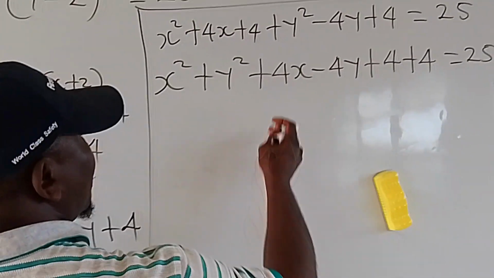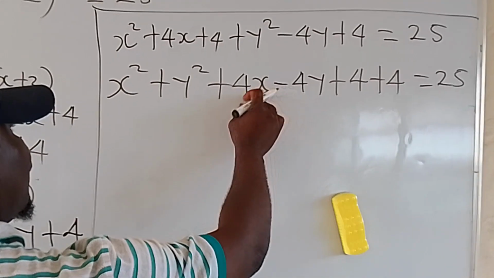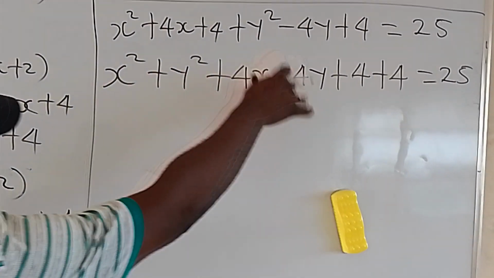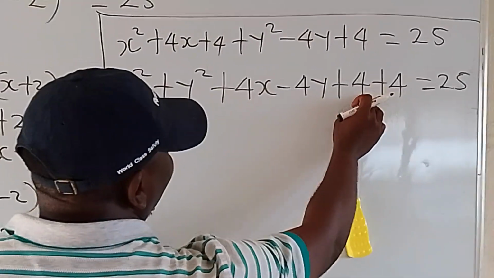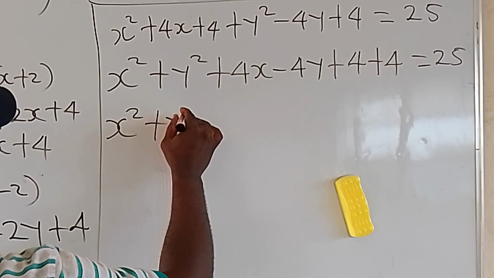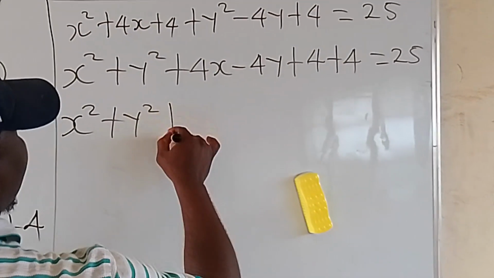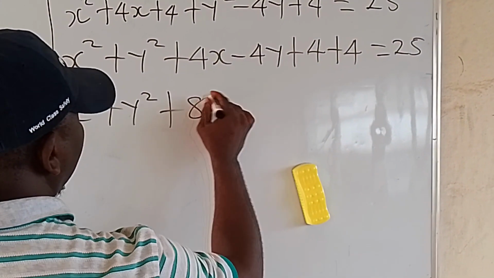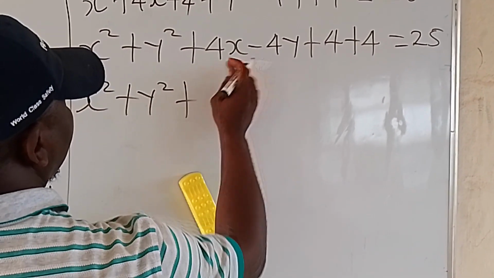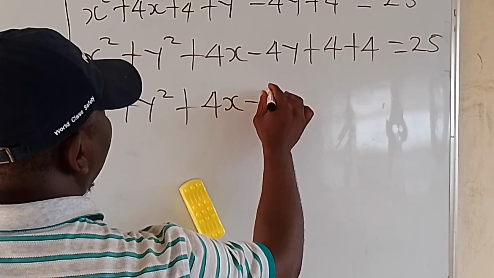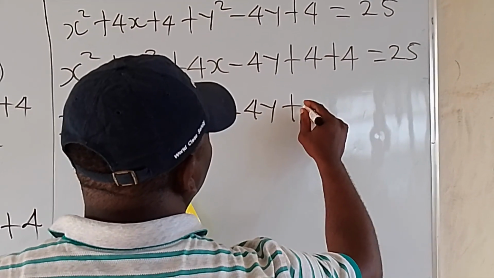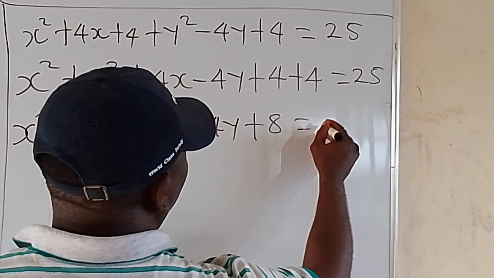Please take note, you cannot subtract or add 4x and minus 4y. They are not the same thing. Just leave it as it is, but we can add 4 plus 4. This will give us 8.